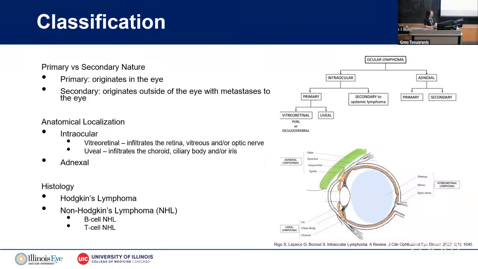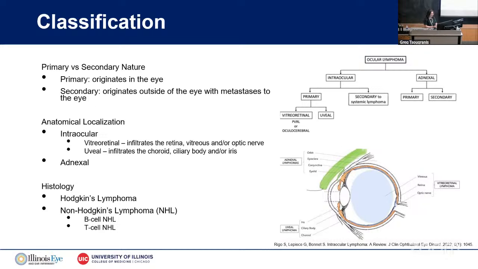There's adnexal, which is structures surrounding the eye, versus intraocular, which can be further subdivided into vitreoretinal, which includes the retina, the vitreous, or the optic nerve, basically above Bruch's membrane, or uveal, which includes the choroid, ciliary body, and or the iris.